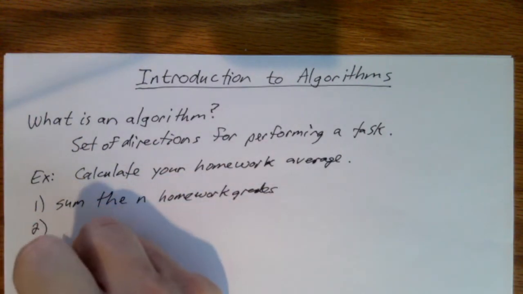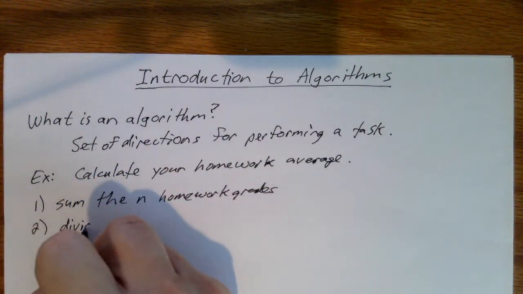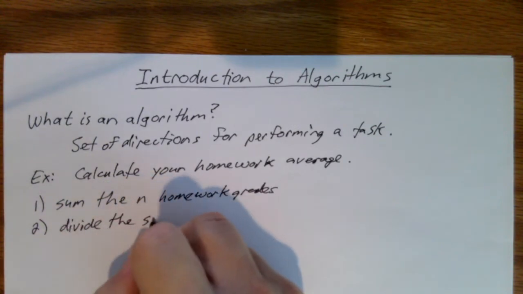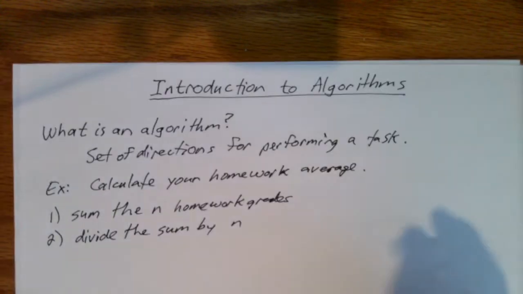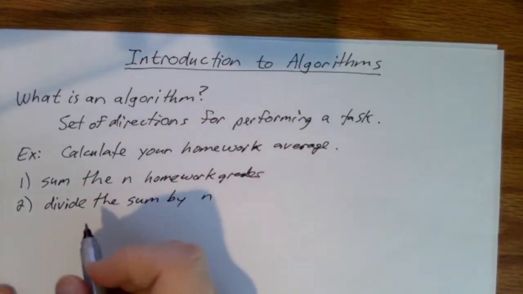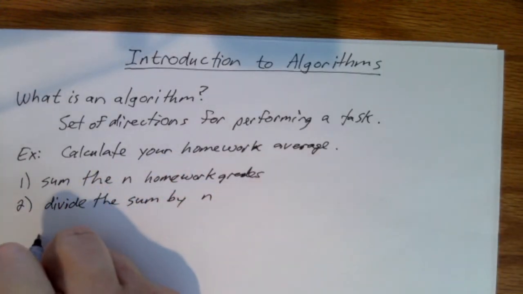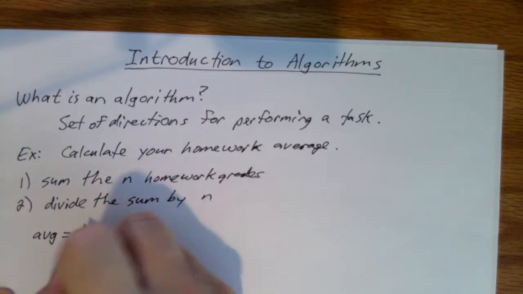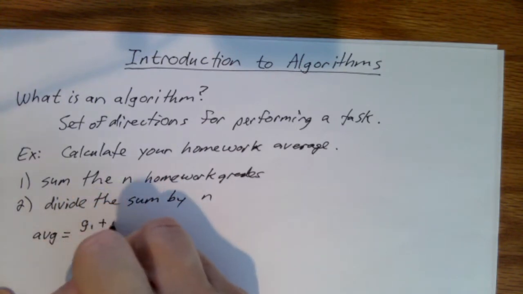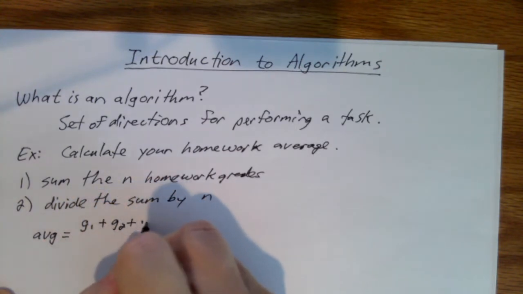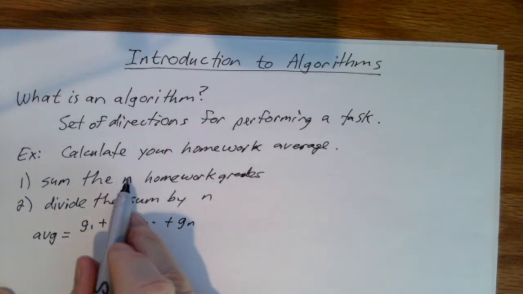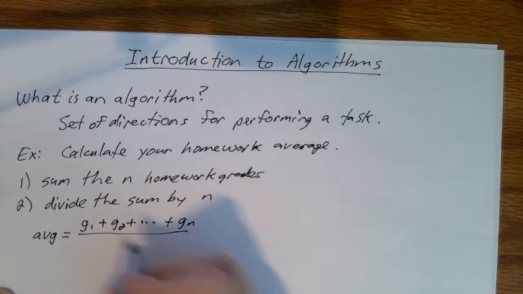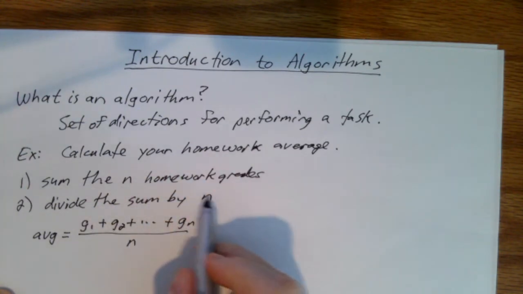And then divide the sum by n, right? That's probably what you do. So that would look like this. Average is equal to grade 1 plus grade 2 plus ... plus grade n. You produce that first, the sum, and then we divide by n, which is the quantity of grades.